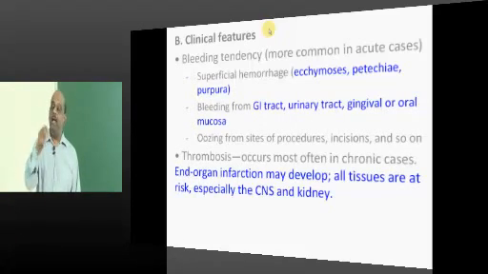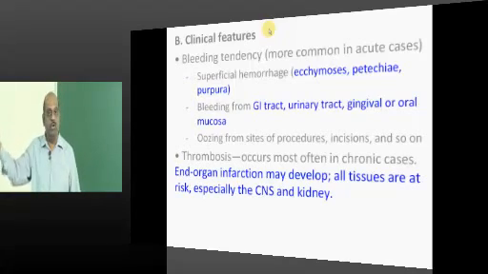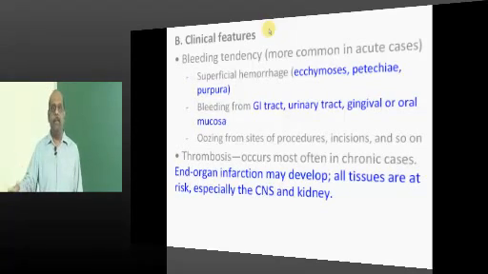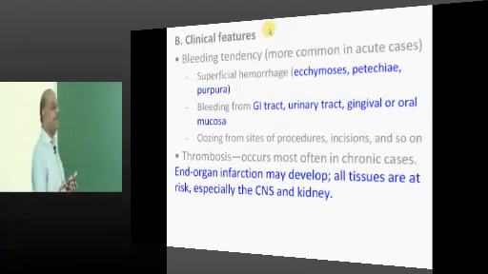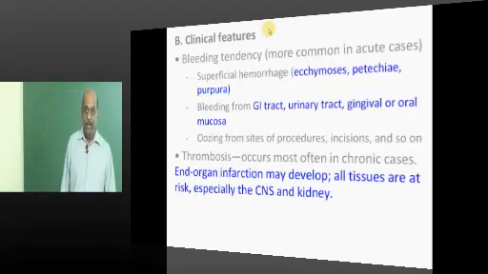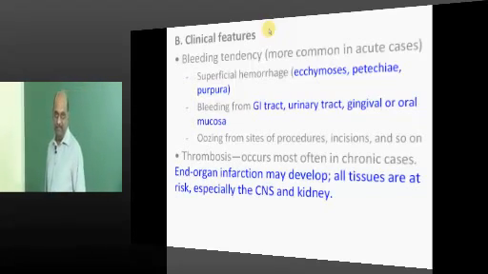Later on, when thrombi have eaten all clotting factors, there is no clotting factor available, the blood is spoiled, and that leads to development of bleeding diathesis. Now what is the challenge in this situation? Shall I treat the thrombotic tendency, or shall I treat the bleeding diathesis by giving clotting factors and FFP? In most scenarios of DIC we need to give FFP and treat the bleeding tendency.